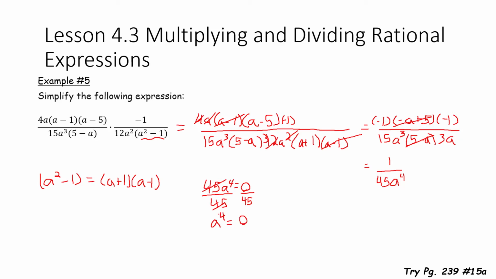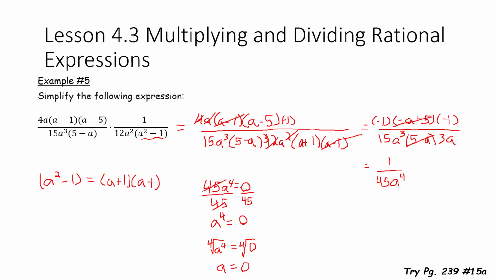And then to get rid of the power of 4, an opposite operation is to do the fourth root. You can do the fourth root of 0, and the fourth root and the power of 4 cancel out, and you're just left with a. A number that multiplies with itself 4 times to get 0 is 0.